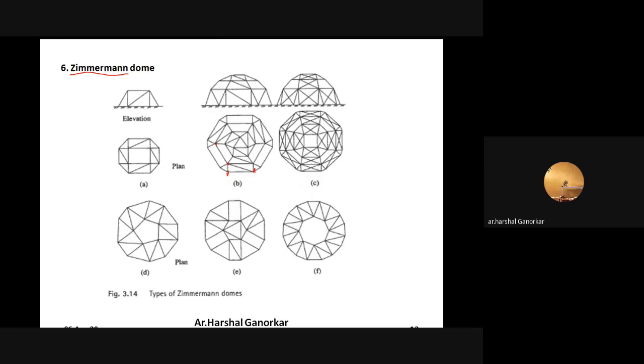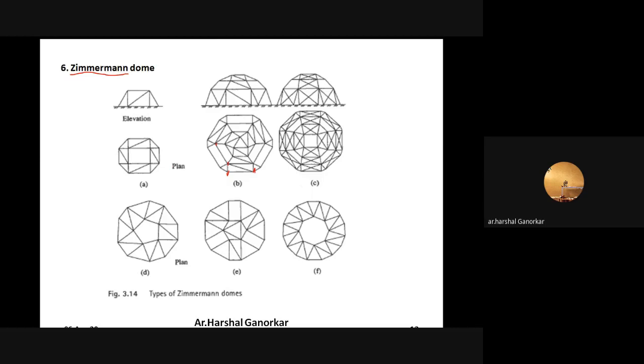So to counter those forces, the joints should be movable. Otherwise, it will collapse, or the structure will be deformed. So to maintain its form, it is important to provide movable joints. And these Zimmerman domes are used for the high walls.